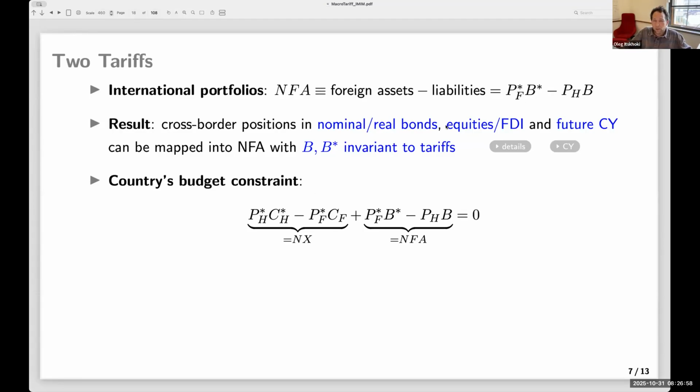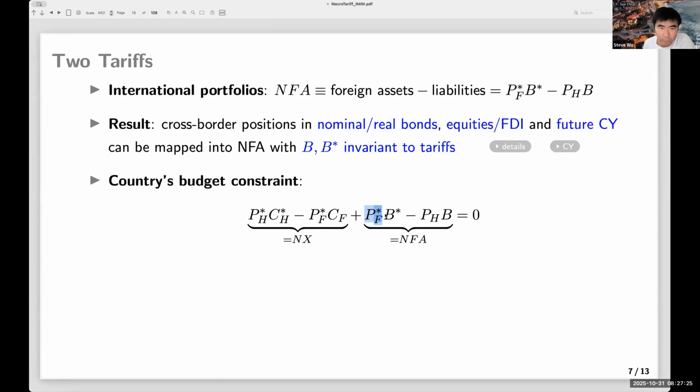So imagine if you think about equities, these are the profits of the foreign firms that may need to be paying the tariffs. So while the domestic price of the foreign commodity will include the tariff, the profits exclude it, right? And so this is what makes the difference here, which price you're using. And as you can see, we're using the foreign price here, not the foreign price with the tariff, as would be the case if you deliver the commodity domestically, right?